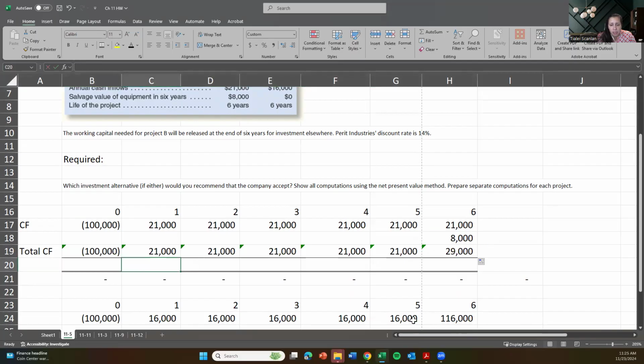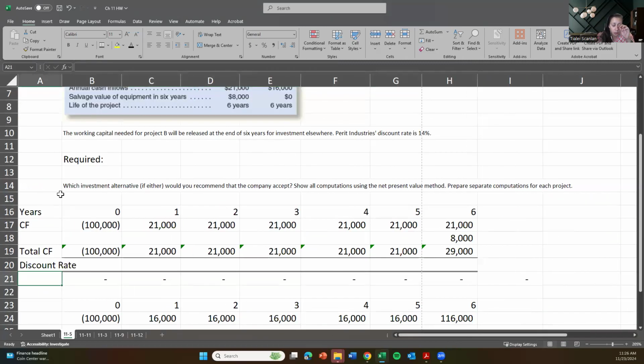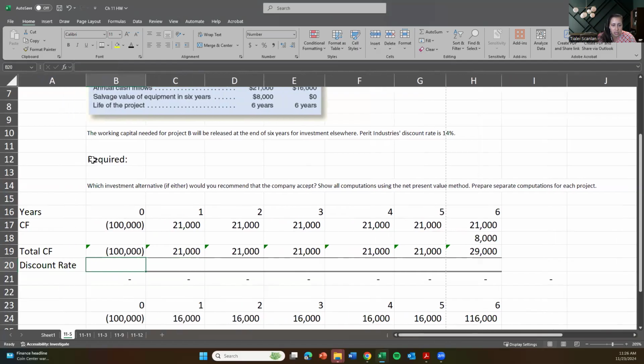So you can set it up in timeline format, with years on the top, and then we're going to need our discount rate, or we can do more of a vertical setup over here. Let's do one way first. So discount rate 14% for 1 year, and the discount rate for today is 1.00, or you're not discounting it.